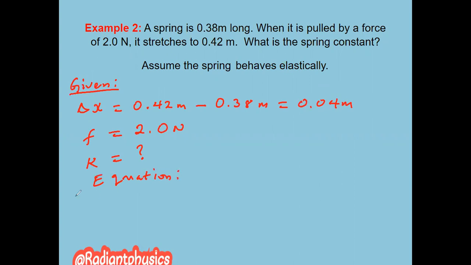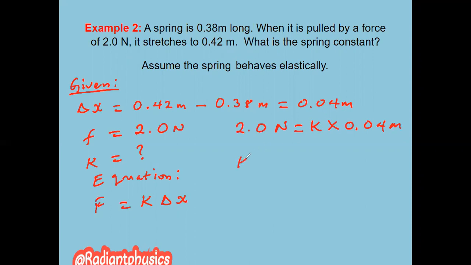There's no other equation we're going to use than Hooke's law, which is F equal to K multiplied by change in X. So we have our force as 2.0 Newton equal to K, which we are looking for, multiplied by the change in length, 0.04 meters.